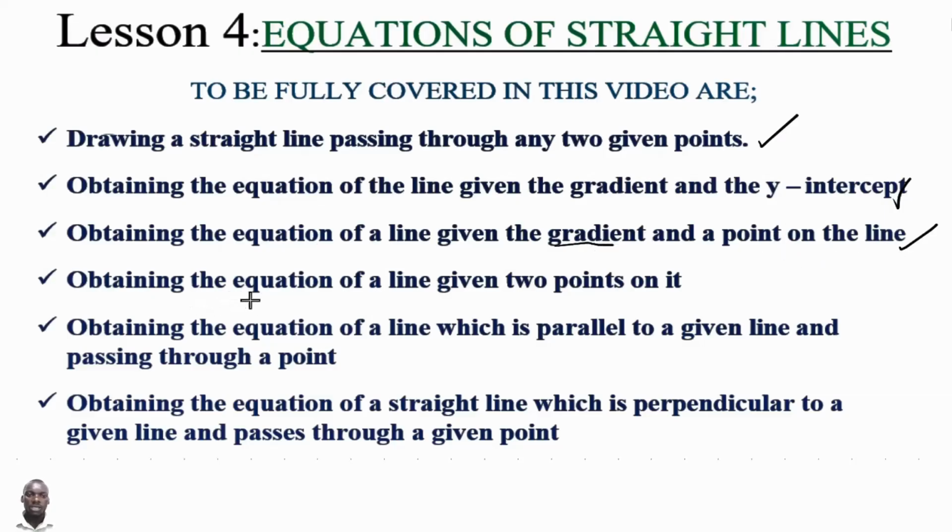Also, we have to obtain the equation of a line given 2 points on it. Obtain the equation of a line which is parallel to a given line and passing through a given point. Then lastly, we shall learn how we obtain the equation of a straight line which is perpendicular to a given line and passes through a given point.